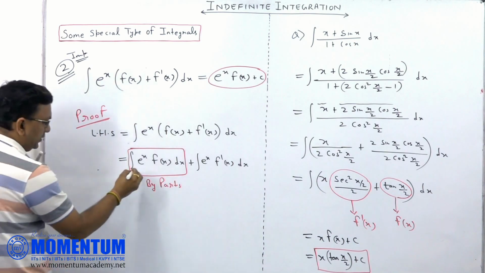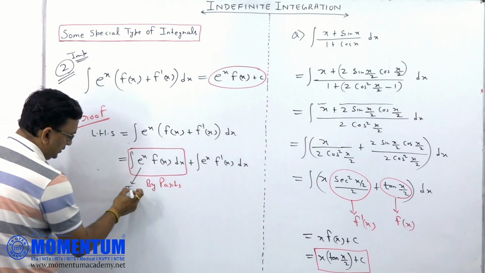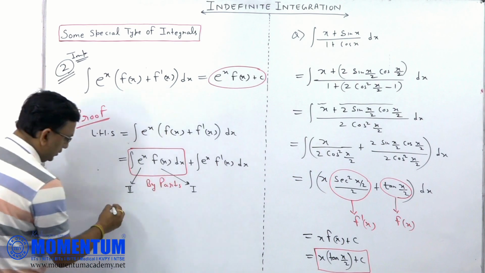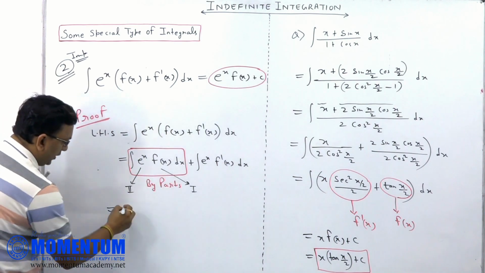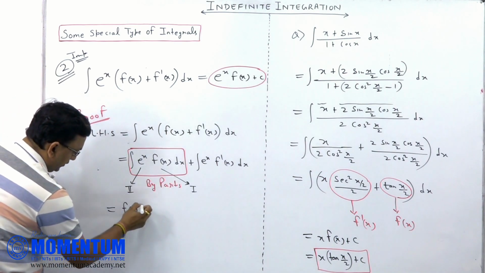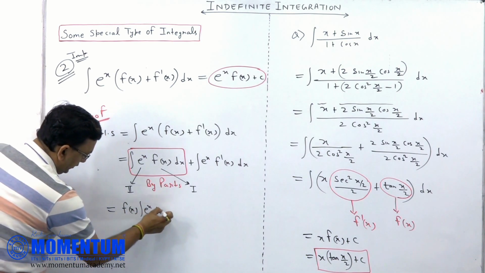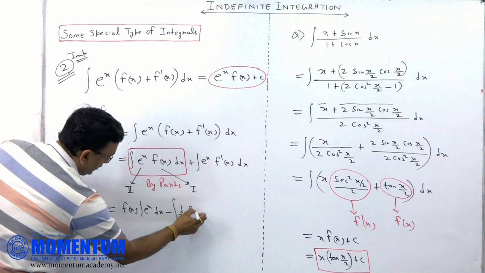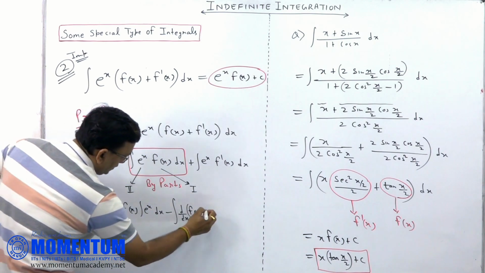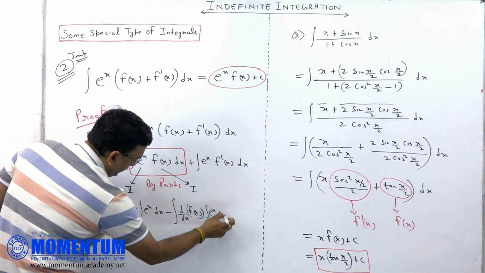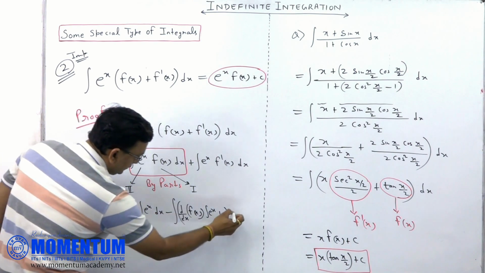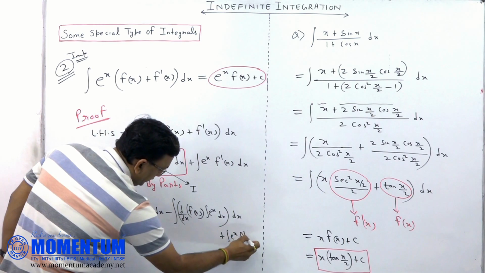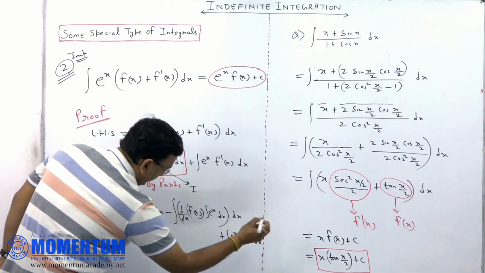Integration by parts, where e to the power x is the second function and f of x is the first function. Using the formula of by parts: first into integration of second, minus integral of differentiation of first into integration of second, plus integration of e to the power x into f dash x.